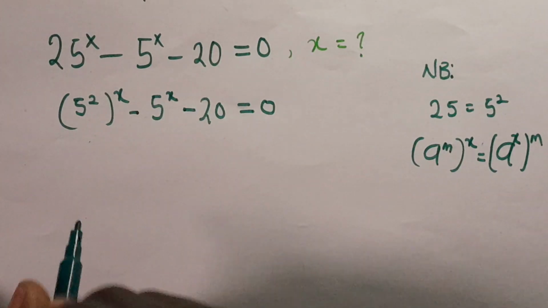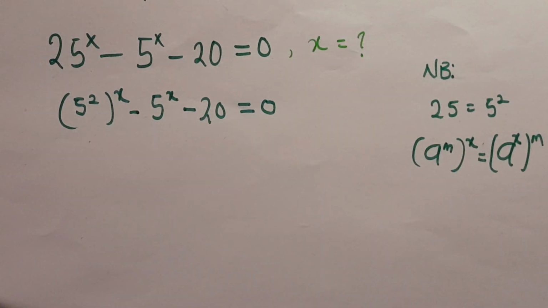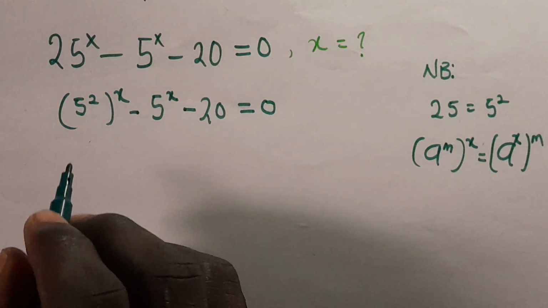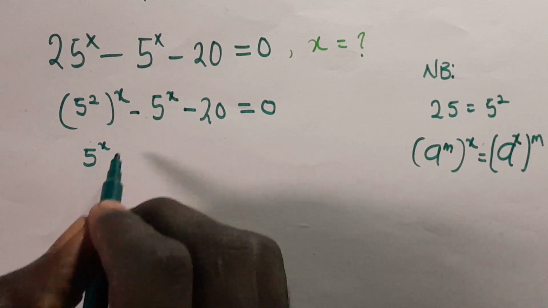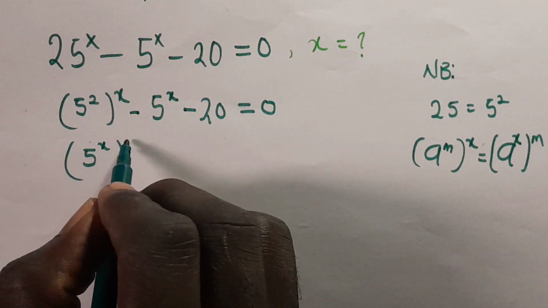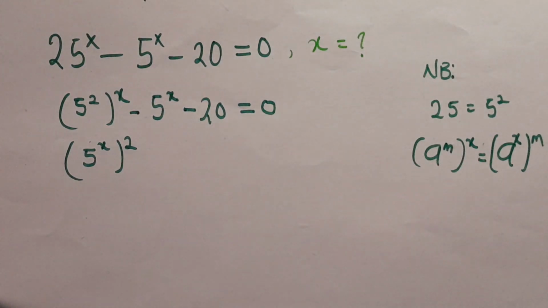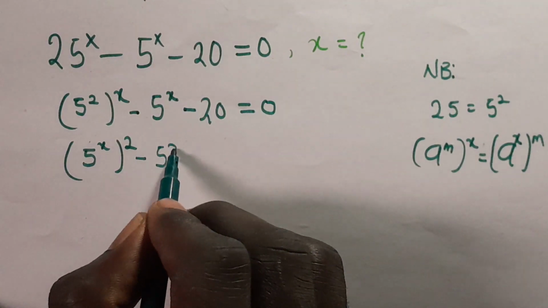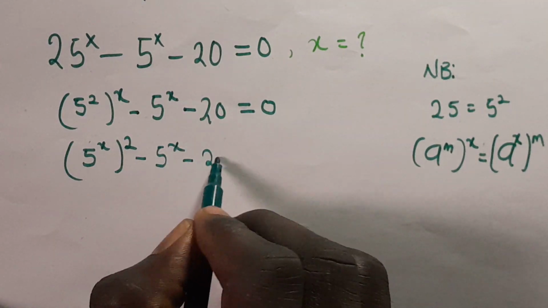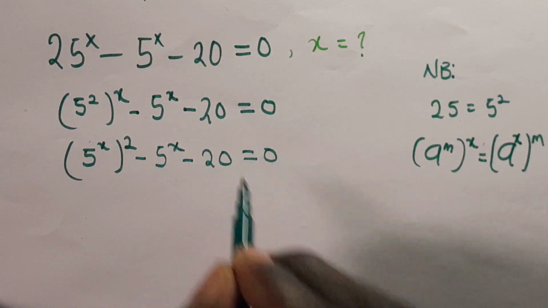So from here, we can have it to be 5 raised to power x, then we have our 2 here, minus 5 raised to x minus 20 equals 0.